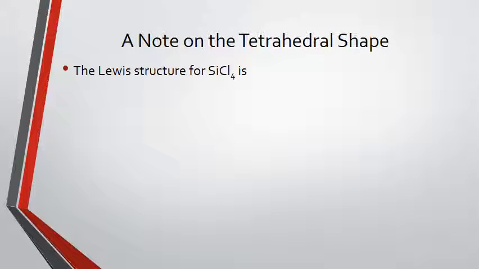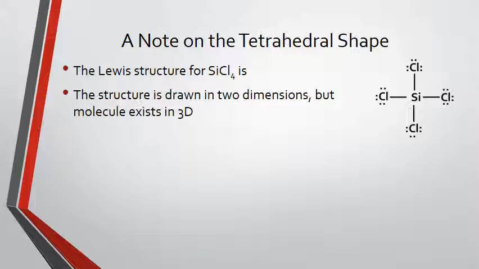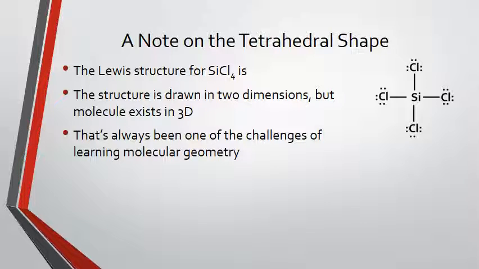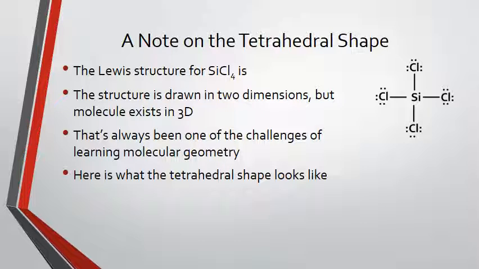Here's a note on silicon tetrachloride's tetrahedral shape. We draw it and it looks like it's a flat square in two dimensions. But the molecule really exists in 3D. This has always been one of the challenges of learning molecular geometry, because computer screens and text pages are two-dimensional, while the molecule is a three-dimensional shape.